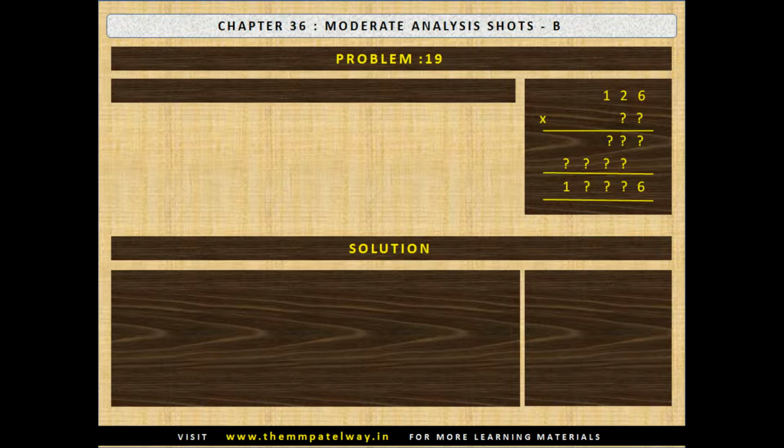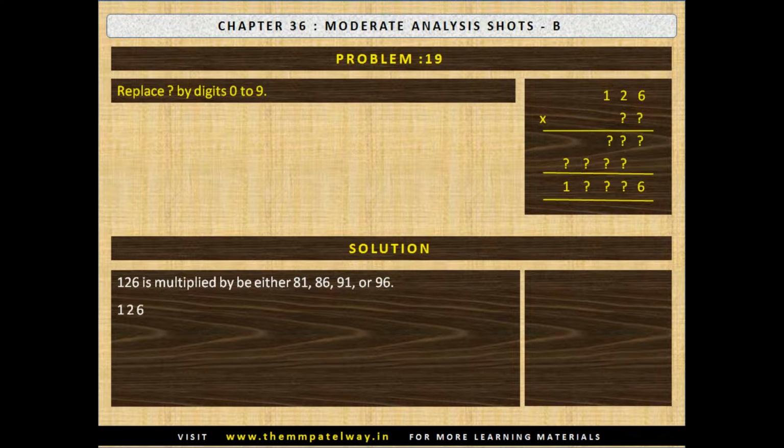Problem number 19. Replace question mark by digits 0 to 9. Now stop the video and solve the problem. The solution follows. 126 is multiplied by either 81, 86, 91 or 96.